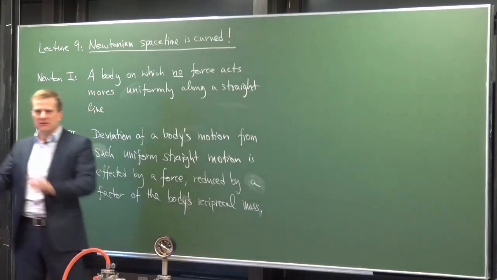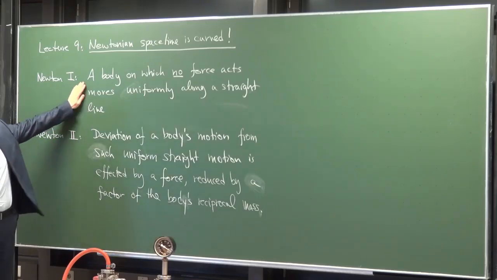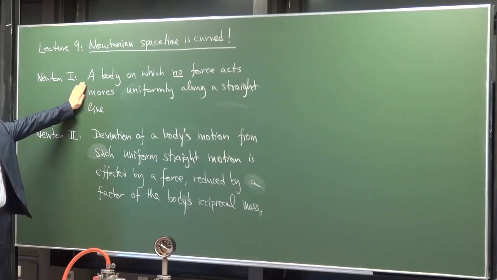Imagine you're in outer space, there's absolutely no force at all, you throw a stone and it does something, and the first axiom instructs you to say, that's a straight line. You are testing the geometry of space. That's the idea. It's a measurement prescription for geometry.